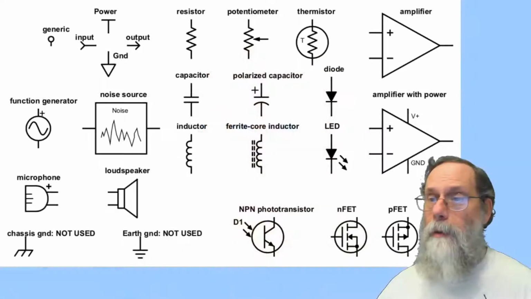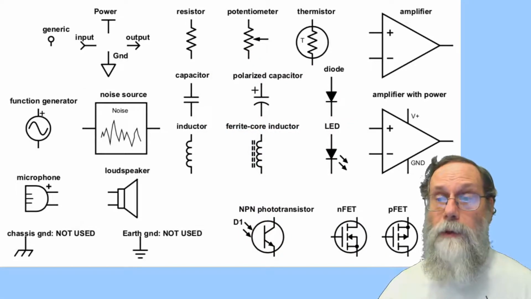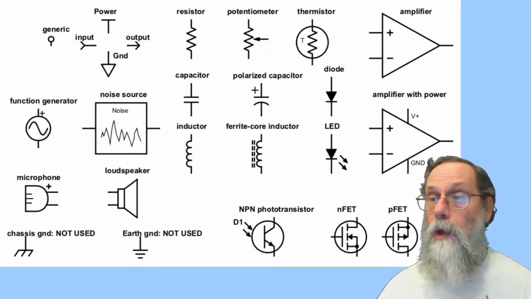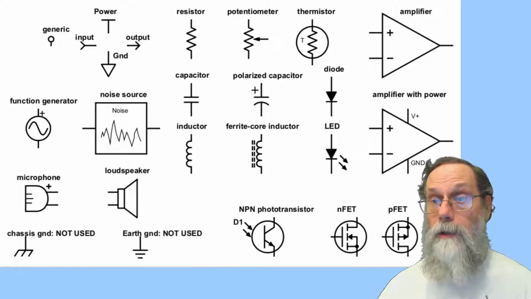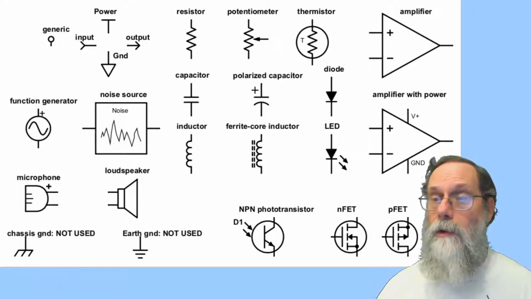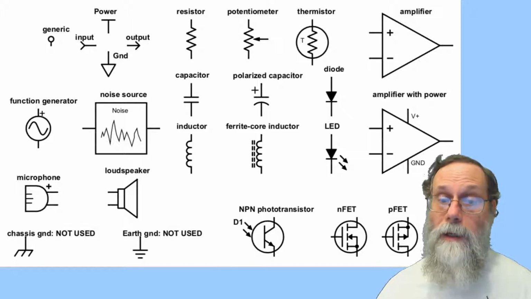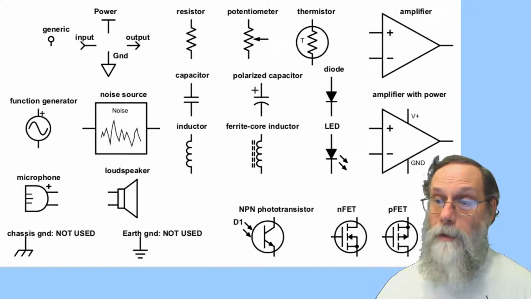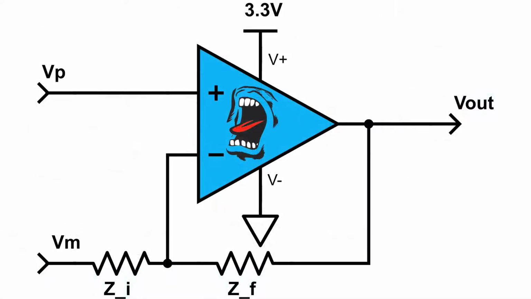Okay. You may remember from a previous video that we have several different symbols available for drawing schematics. For this example, I'm just going to use a few of those. And in fact, the schematic I'm going to try and draw is the one that I've been using here as a background.